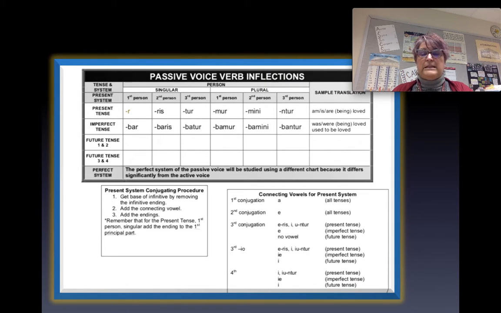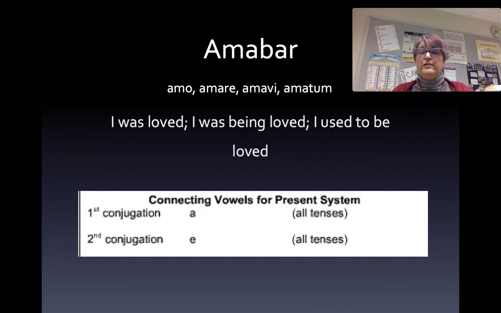We won't spend a lot of time examining each one, but I do want to really focus on how we translate the passive voice. So here is our initial sample verb, the verb amo, amare, amavi, amatum from first conjugation.